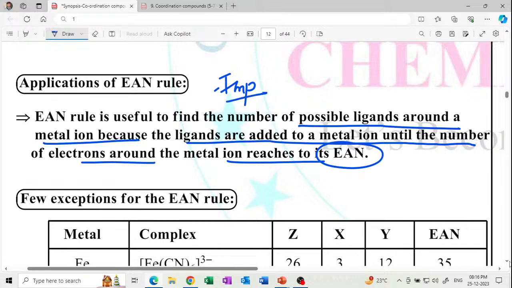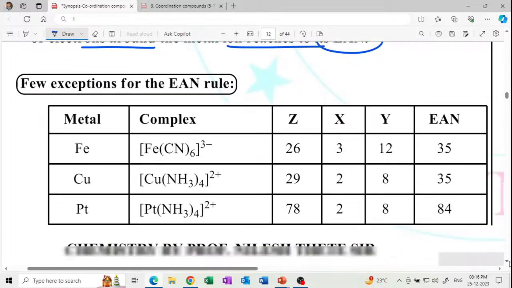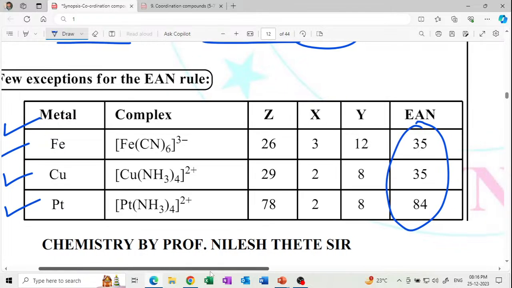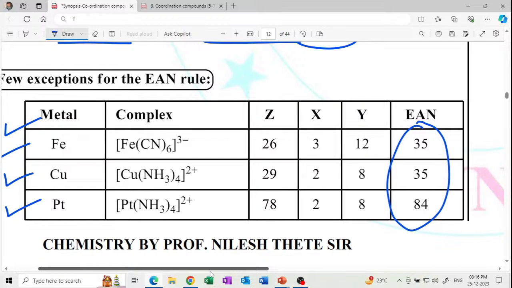What is the application of effective atomic number? There are a few exceptions to the effective atomic number rule. So these are the complexes in which the number is not 36. The effective atomic number is not the rare gas number here. Remember this table.